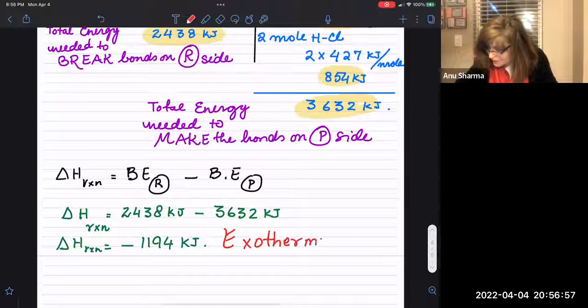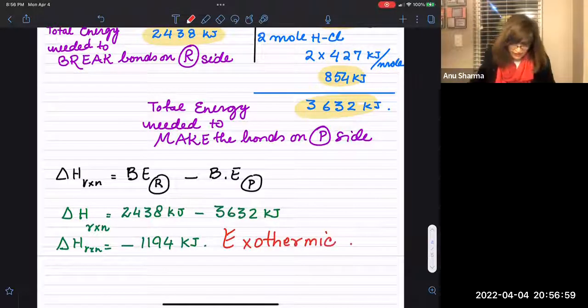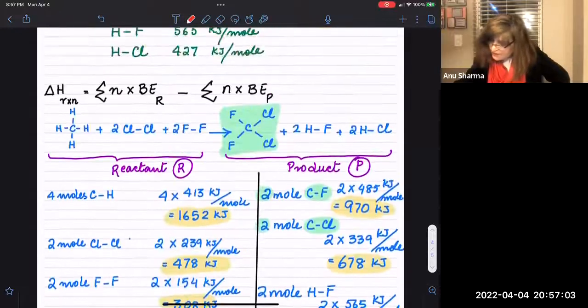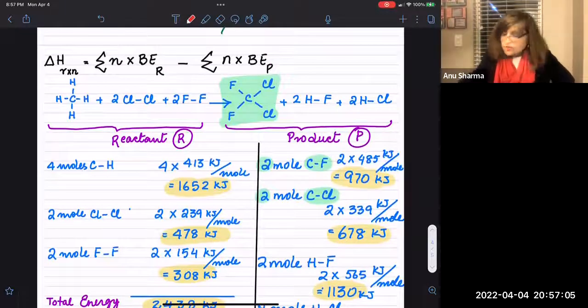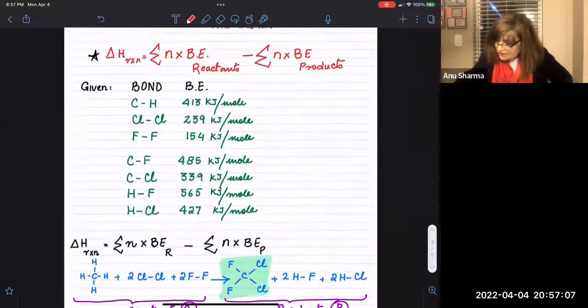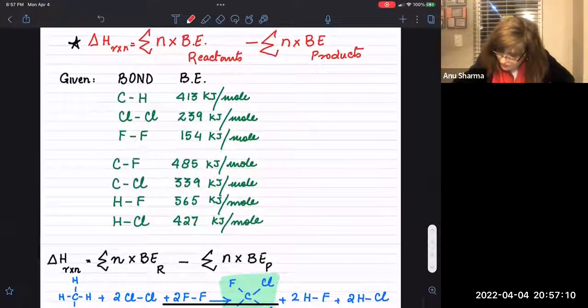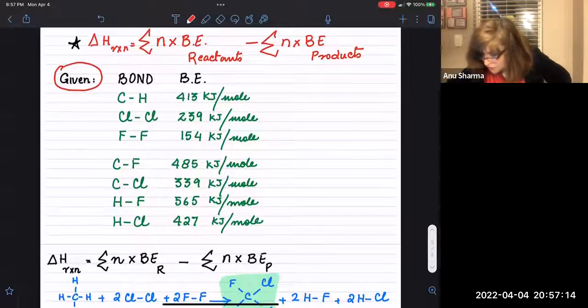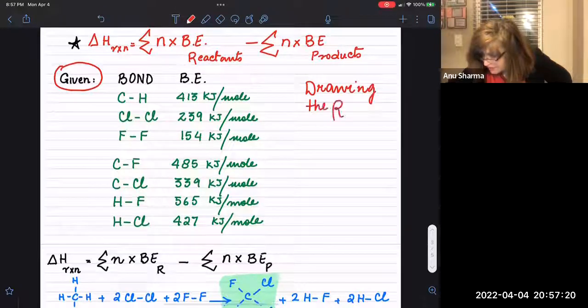That means energy is released when 1 mole of CF2Cl2 is formed. So for these types of questions, as I said, the bond energy values will be given to you. The main thing is drawing the right Lewis structure.